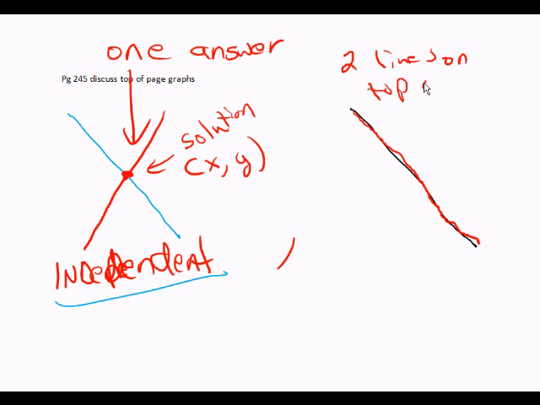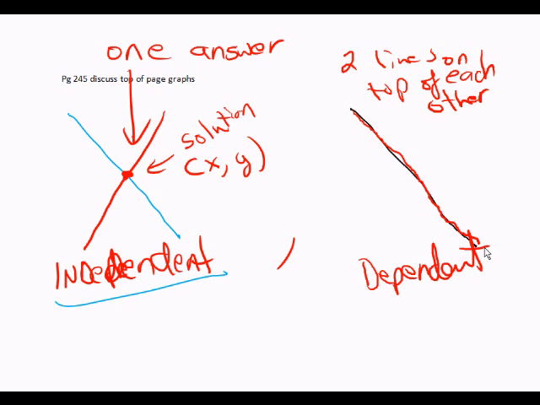There are 2 lines on top of each other. In other words, you could say they're the same line. Now, these 2 lines are called dependent. That's important. So you could have 2 lines that cross and find one point, and 2 lines that are on top of each other. That's called dependent.